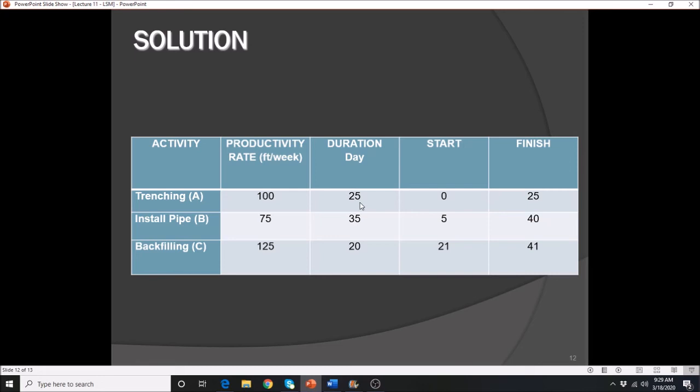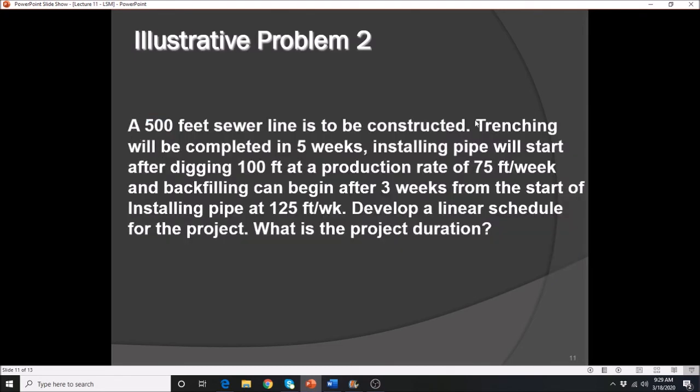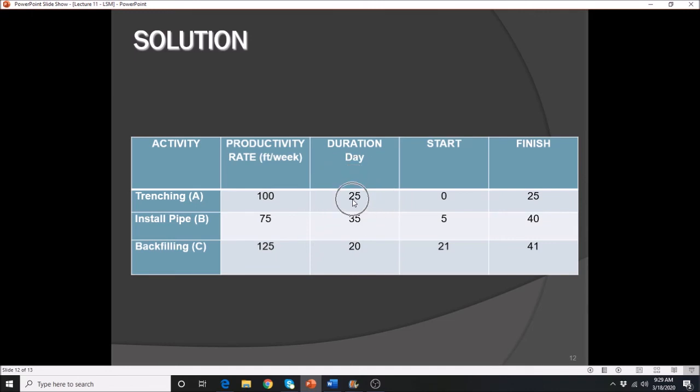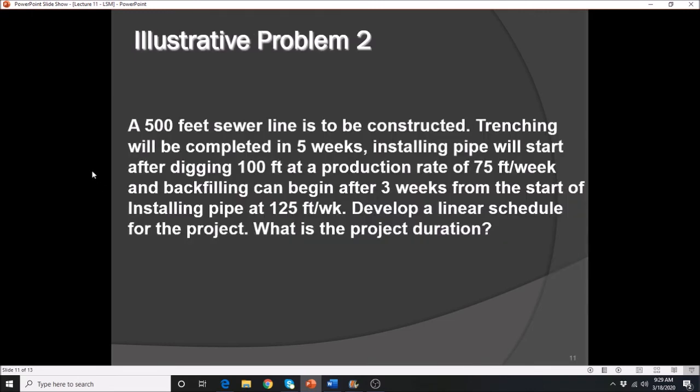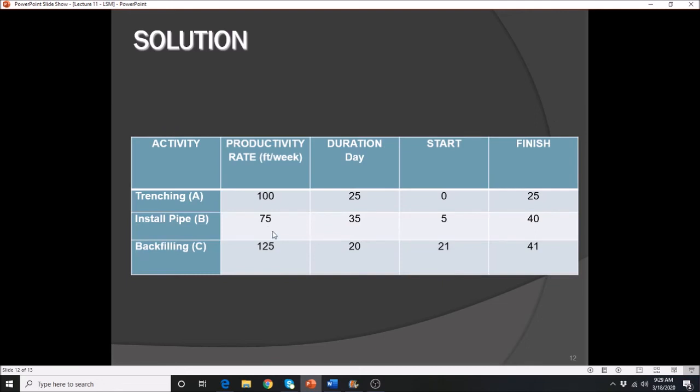So how do we calculate this 25? It says here that your trenching will be completed in 5 weeks. So 5 times 5, that gives you 25. Here, 500 feet, that is your quantity, divided by 75, that will give you 6.67.